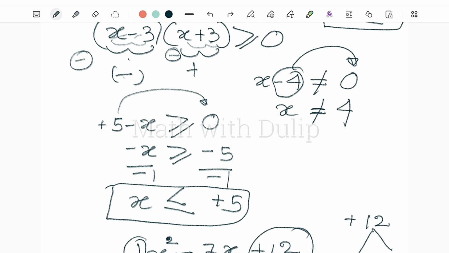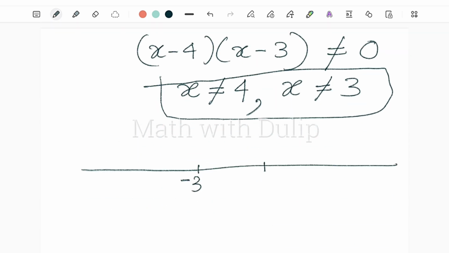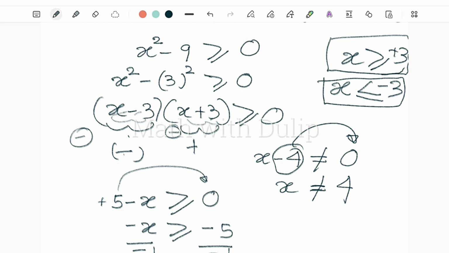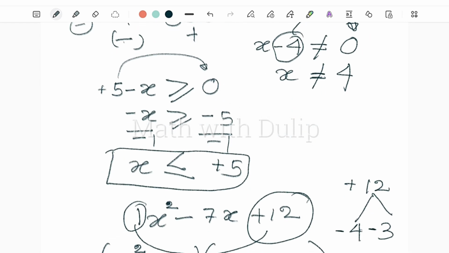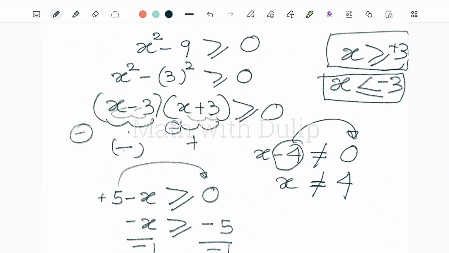We have negative 3, 3, 4 and 5. So x less than or equal to negative 3, we can represent like this. Negative infinity goes up to here, including negative 3.